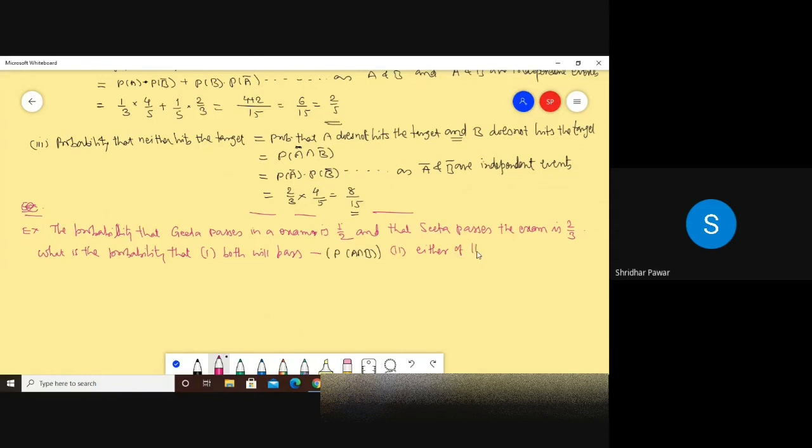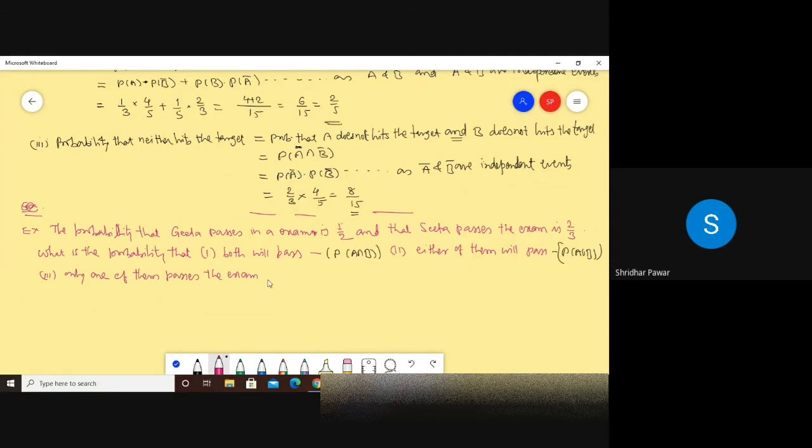Either of them will pass. म्हणजे कुठला आलं probability? Yes. Probability of A union B. Right? And number 3, only one of them passes the exam. म्हणजे पहिला पास झाला तर दुसरा नाही आणि दुसरा पास झाला तर पहिला नाही. म्हणजे कुठचं?